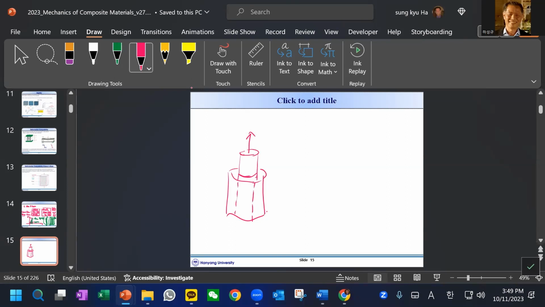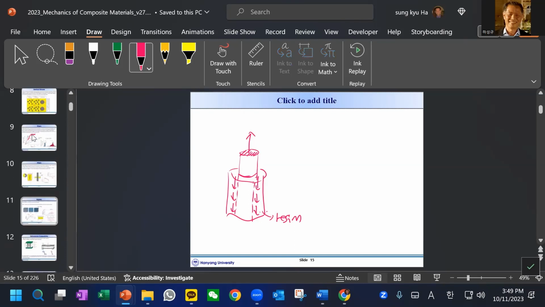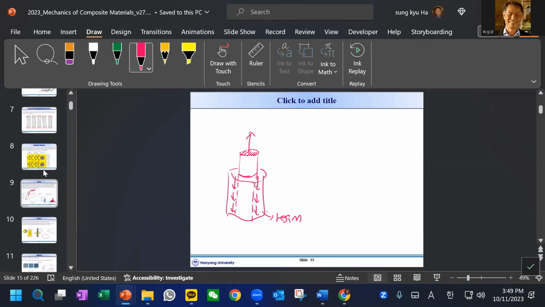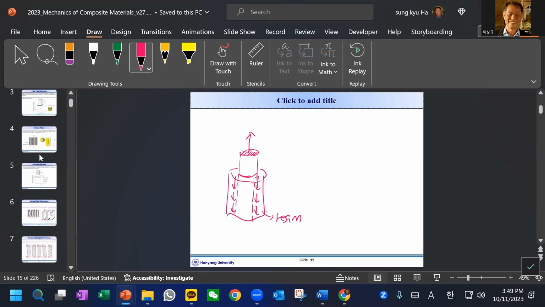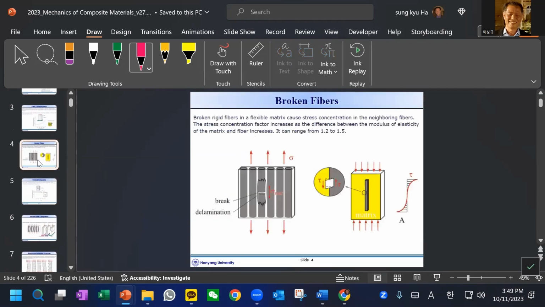So what I'm trying to say here is that the fiber will carry a certain load according to this much. But most of the load carried by the resin system is by shear load. So again, if you look at some broken fiber in a composite, you can visualize something like that.